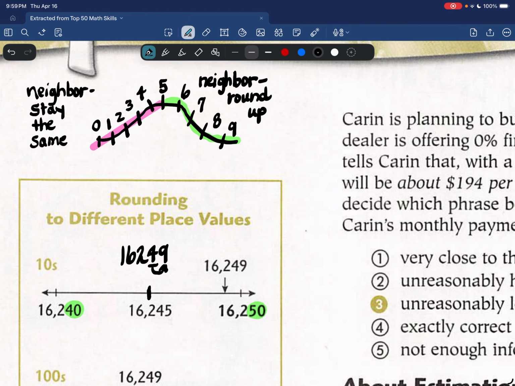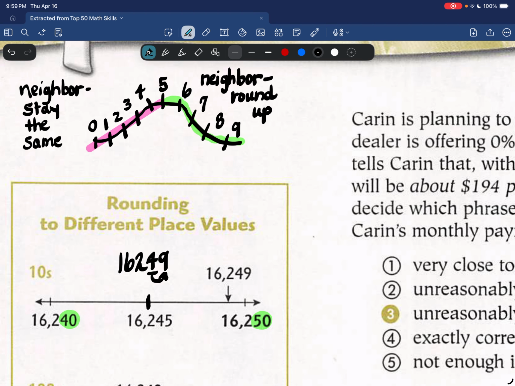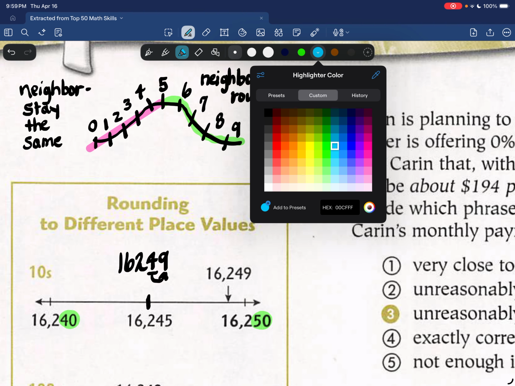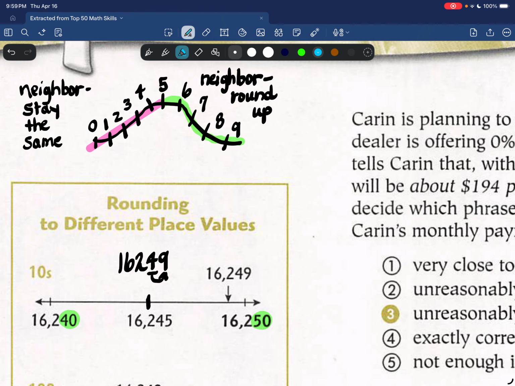I want to make my pen size just a little bit smaller. That writing's hard to read. So in my example down here, of 16,249, I have underlined the tens place. And remember, everything is riding on the neighbor. It's what the neighbor says to do. So I look at this 9, and I can tell you that that's on the upper end of that curve. That is a round up if the neighbor is in that range.